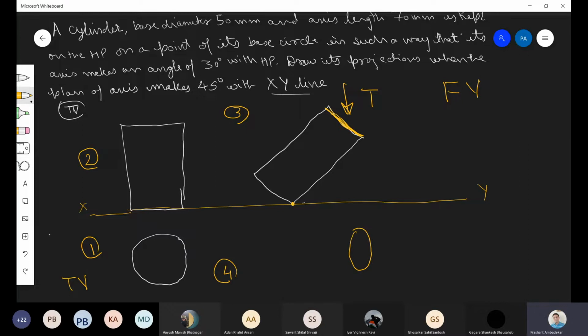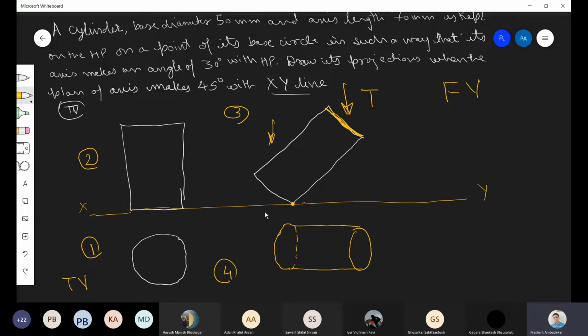So since this point is not visible, when you are looking from the top, the outer ellipse will be seen, the inner ellipse will be dotted, and then we'll join it like this. And then the projectors and all other things. Is it clear to all of you? Any doubt? No, sir, no doubt.